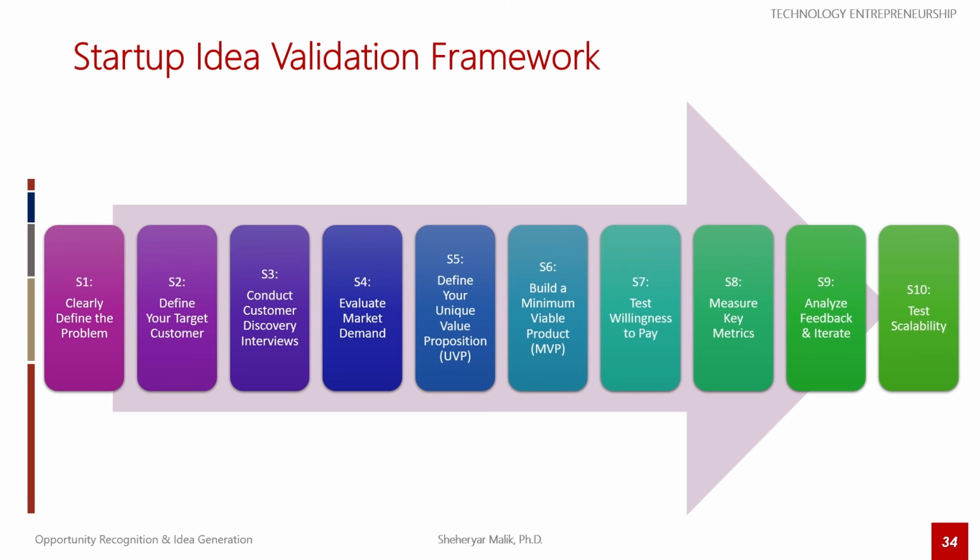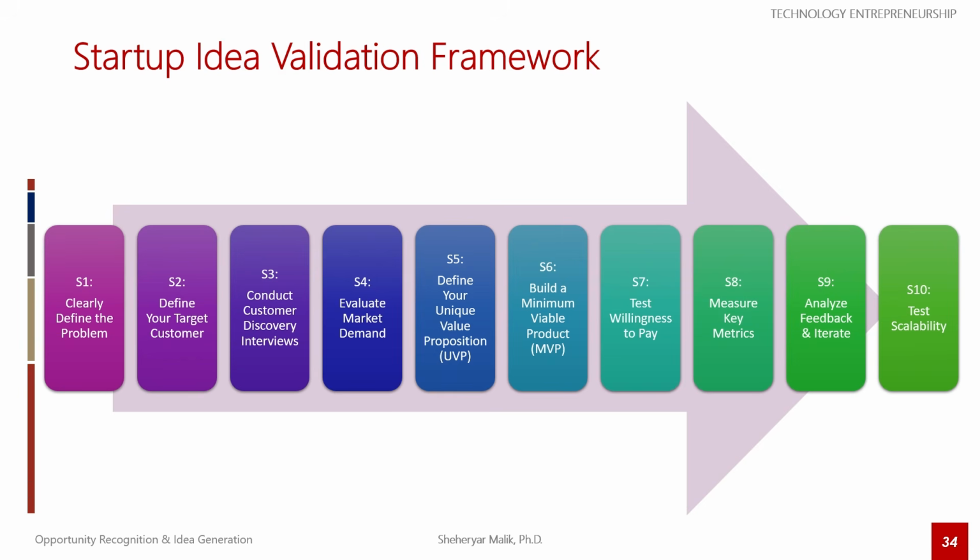Then in step 4, you are going to evaluate the market demand. In step 5, you're going to define your unique value proposition, like what is the uniqueness in terms of features in your product or service. Then in step 6, you are going to build a minimal viable product, an MVP.